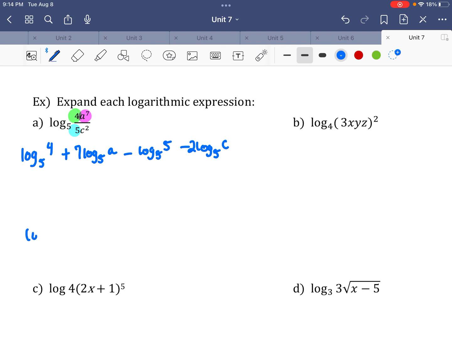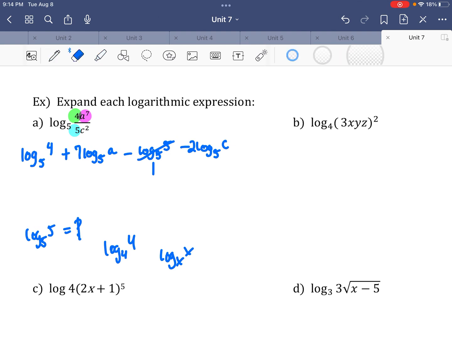And the only change I would make is this, log base 5 of 5. 5 to what power makes 5? Well, that's 1. So this could be replaced with a 1. So anytime you have a base and the expression you're doing the log of match, like if you had log base 4 of 4 or log base x of x, it all equals 1 all the time. Okay? All right.